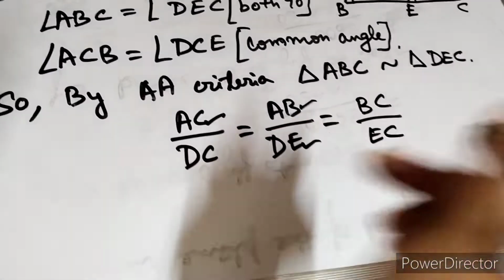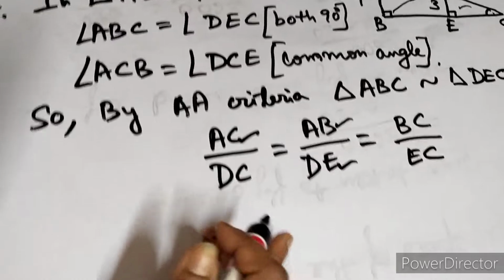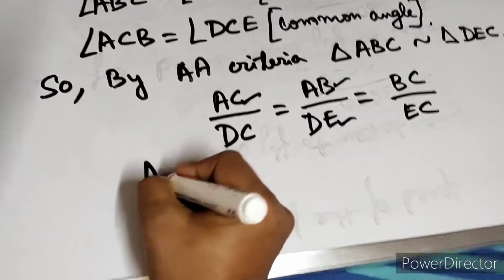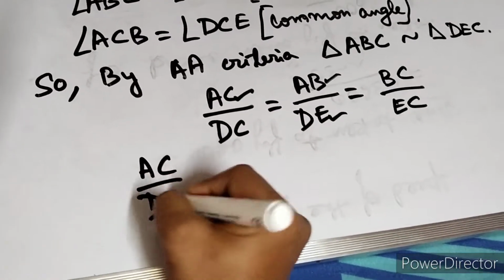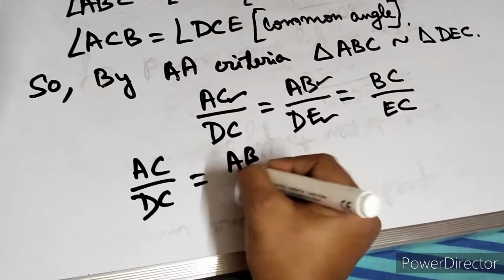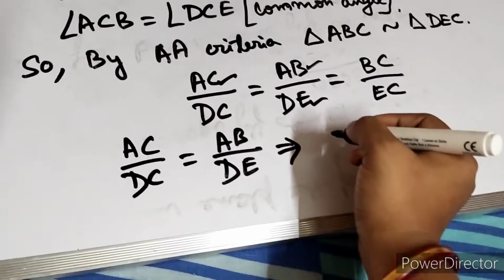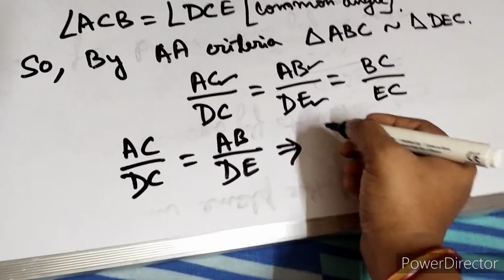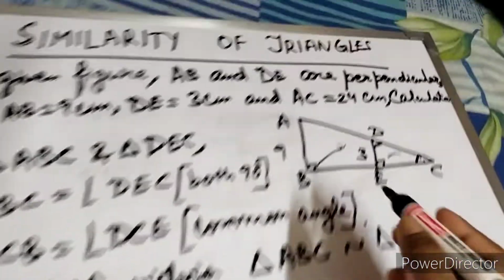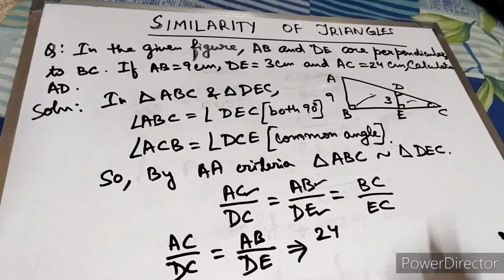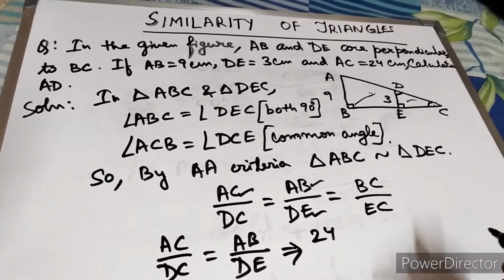So if we consider these two ratios together, let us put AC by DC equals AB by DE. If we write it like this, let us put the values. What is the value of AC? It is given in the question as AC equals 24. You can pause the video and write the question and do it along with me.